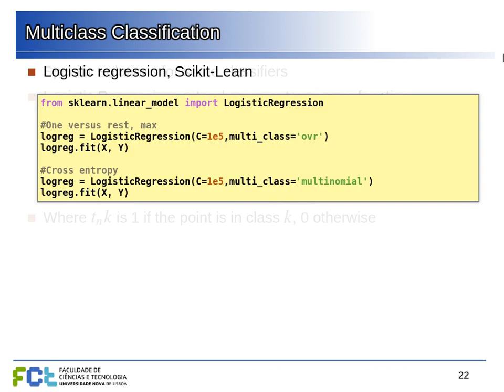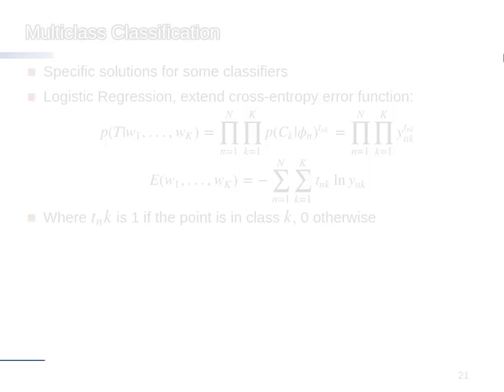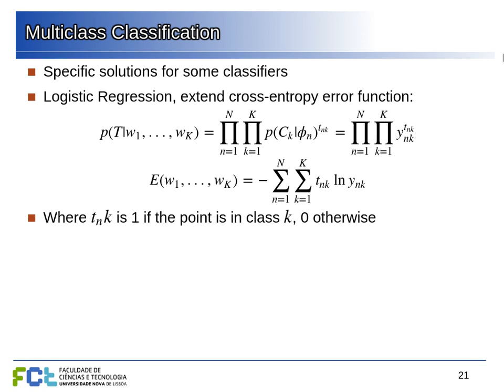Actually, there are 2 options when you use a logistic regression classifier in scikit-learn. You can use the multi-class option with multinomial regression, which is this one, so we are adapting logistic regression to deal natively with multiple classes.